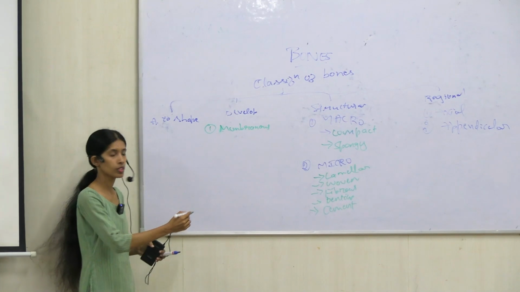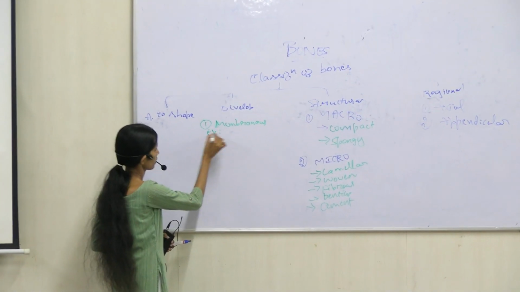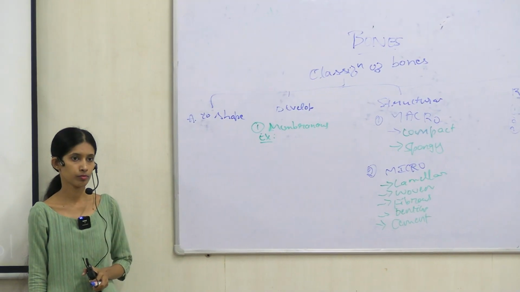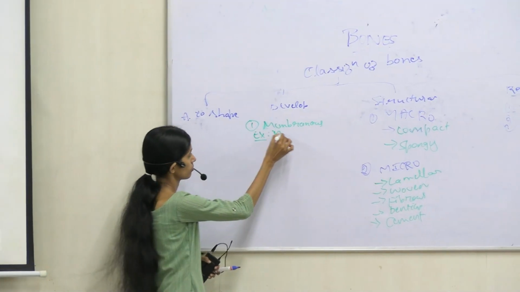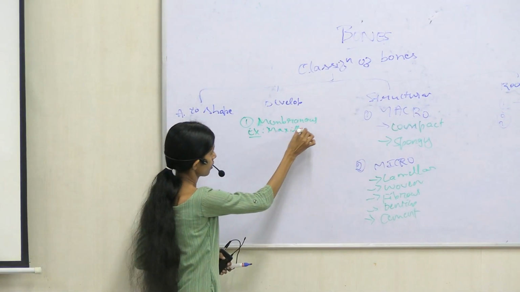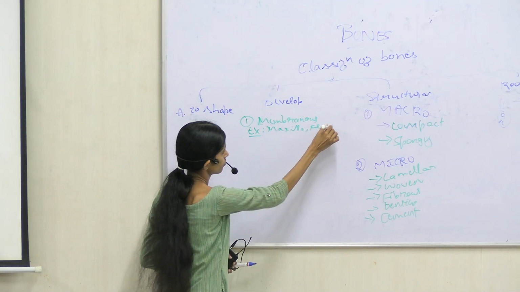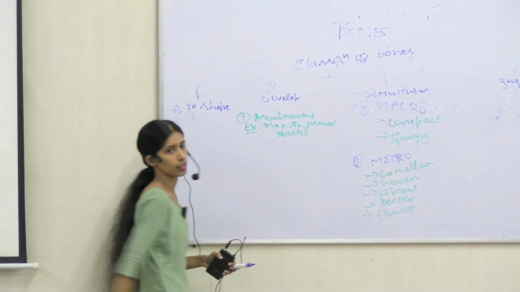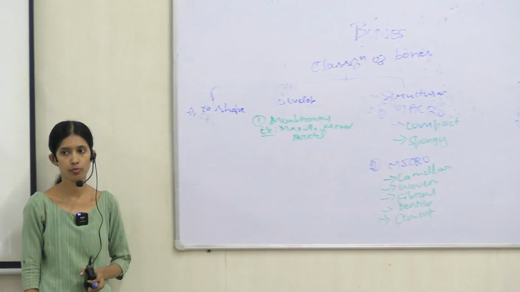Facial bones, okay. Can you name any particular bone? Maxilla, frontal bone and parietal bones. These are your membranous bones, okay.